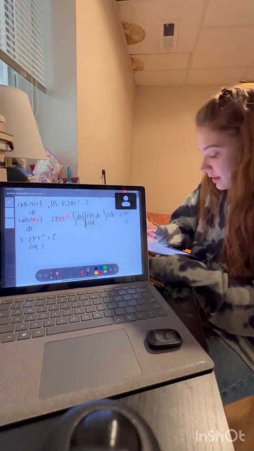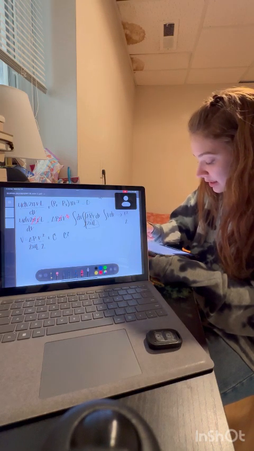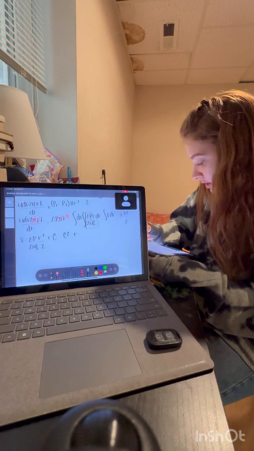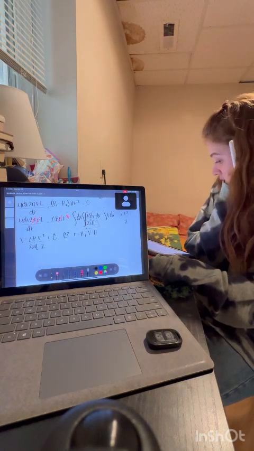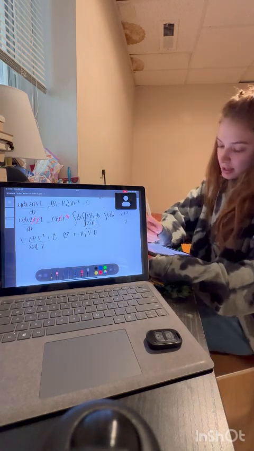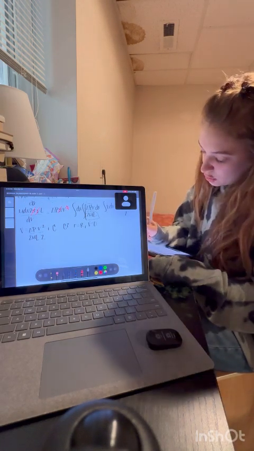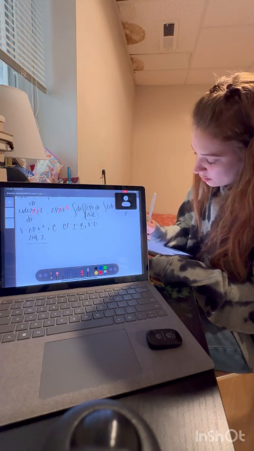To find c, we consider when r is equal to big R, we know that our velocity is equal to 0. So we can substitute big R for little r in this equation and 0 for v.